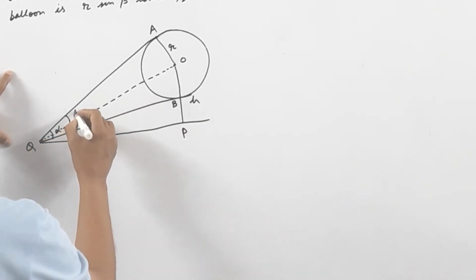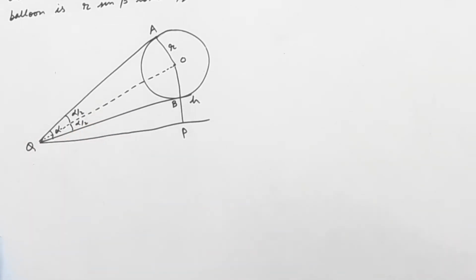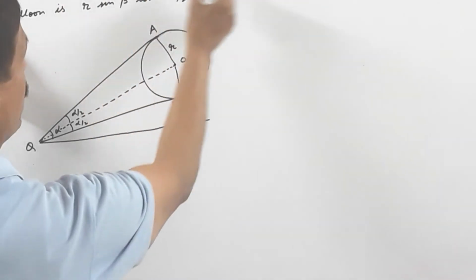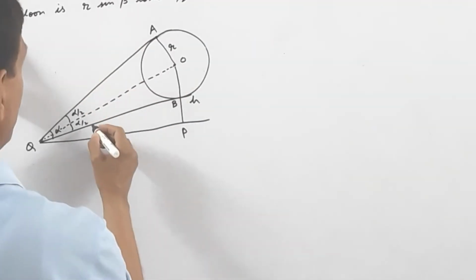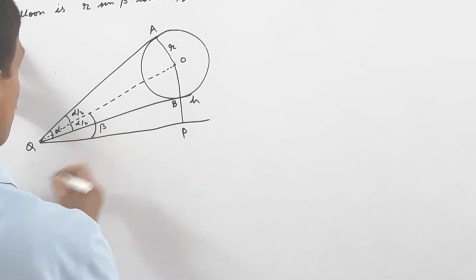So this angle is alpha by 2 and alpha by 2. Elevation of the center is beta. This angle is beta.